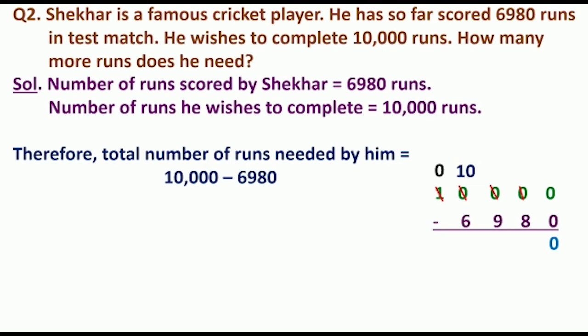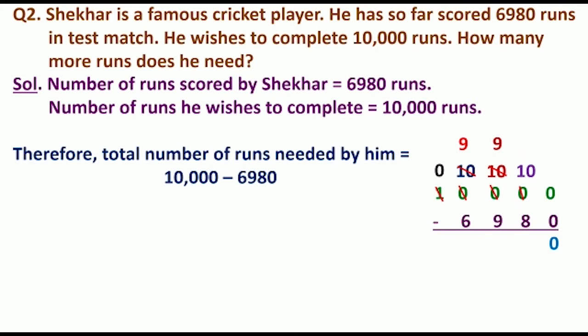Now this 0 will become 10 because it has taken one borrow. It has also given one borrow to the right side 0, so this 10 will become 9. Now again 10. This has again given one borrow to the right side 0, so it will become 9 and this 0 will become 10.